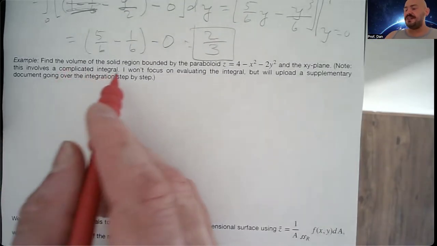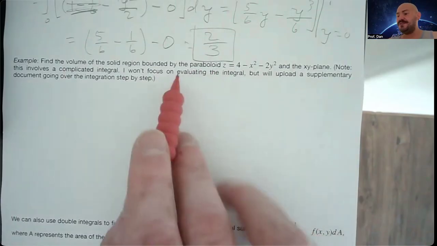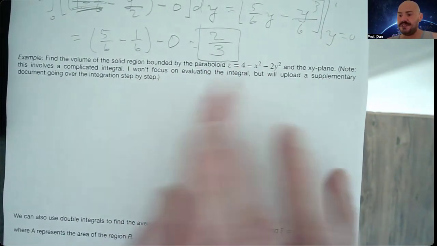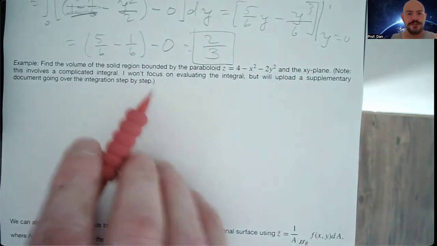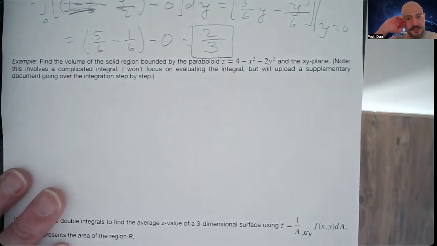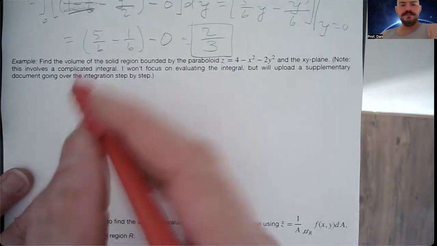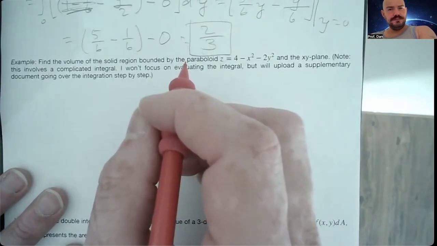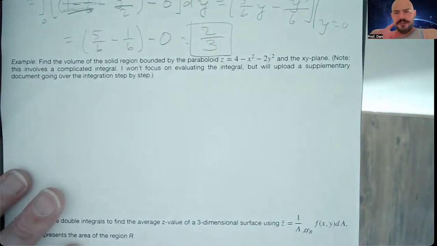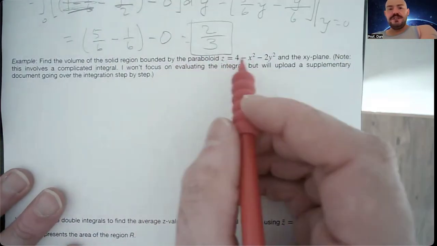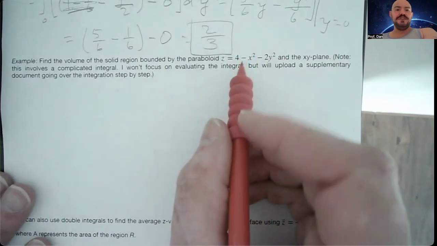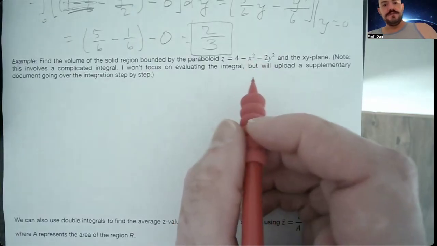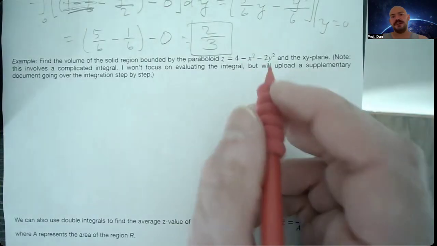Find the volume of the solid region bounded by a paraboloid and the xy plane. And then I just said what I told you in words. All right, so basically we want to find the antiderivative of this, from z equals 0 all the way to the top.